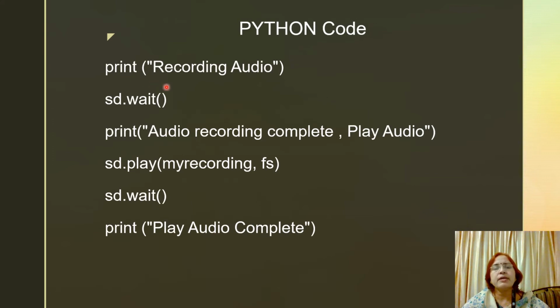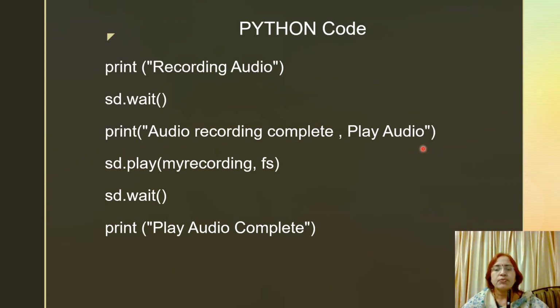The print command displays the message "Recording audio" on your monitor. After this, it will wait for 3 seconds so that you can input your voice through the mic. You can change the duration for waiting. sd.wait is the command. It will wait for 3 seconds to enter the audio signal. After that, the message "Audio recording complete.